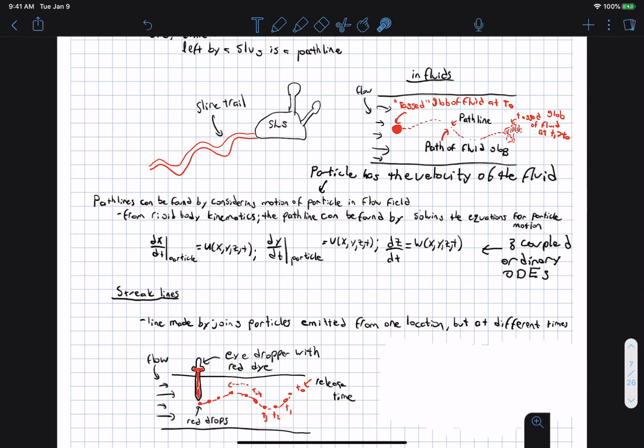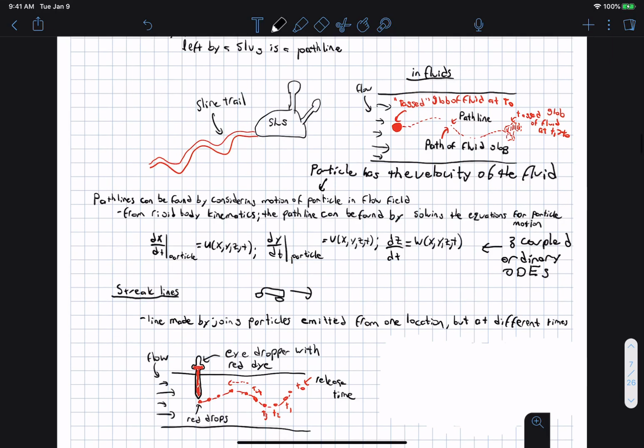And so one way that you can think of a streak line, if you consider a marathon or some sort of racing event, where they have one car go, and then car one goes, but then all the other cars are being held back. And then they go one after the other.